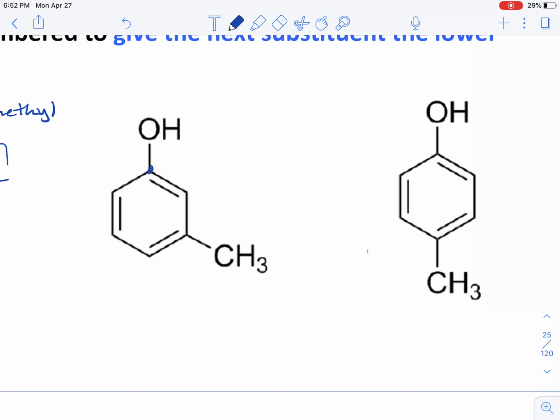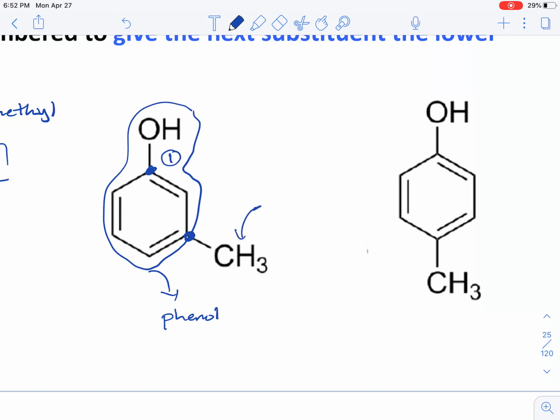Here, since this is carbon number 1, and once again we have that phenol, the only thing we need to do is describe the carbon number of this methyl group. If you go clockwise versus counterclockwise, you'll find that you get a lower number if you number it clockwise in this example.